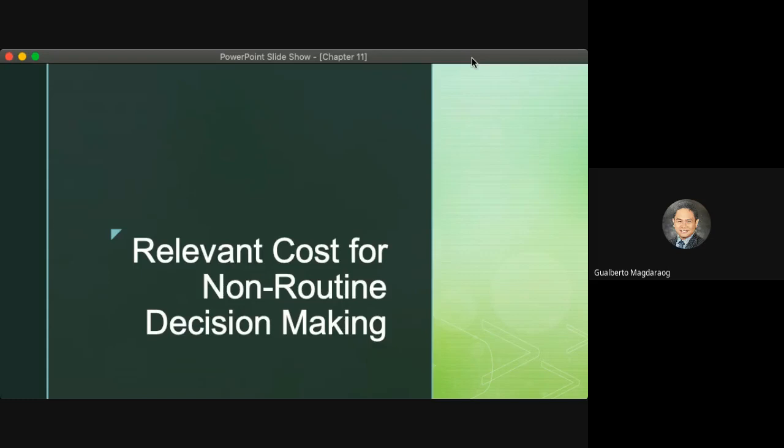Because not all costs are relevant simply because they have nothing to do with our decisions. It will not make any difference at all. Kaya it's not relevant. So sa dami-dami ng cost, we must be able to learn how to choose which ones are relevant in our decision, para makapili tayo ng tamang decision natin.